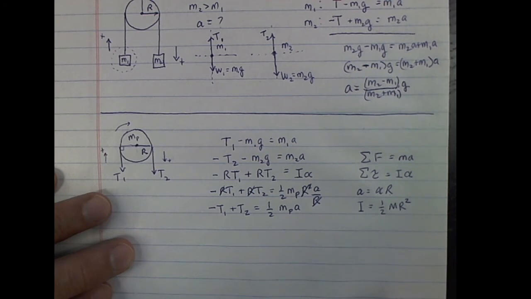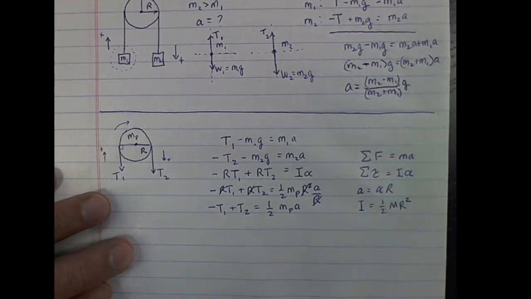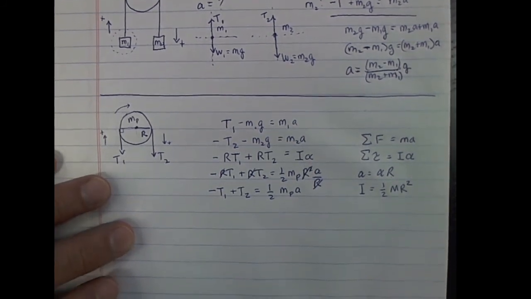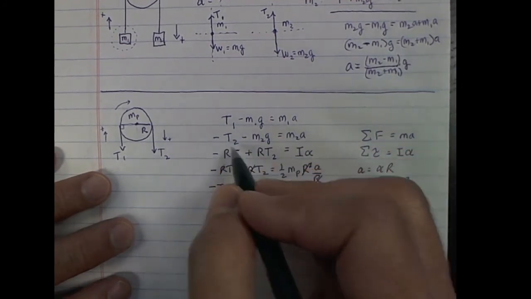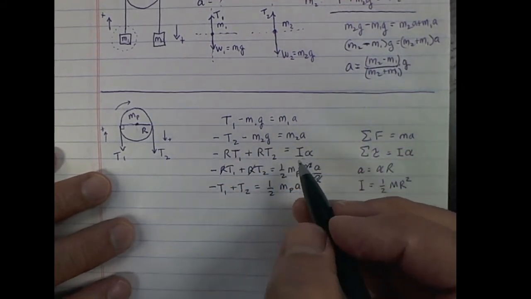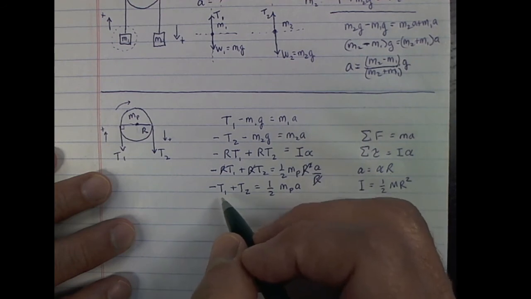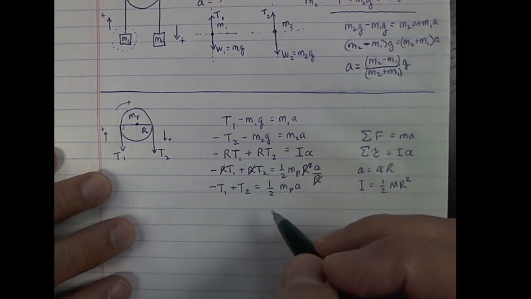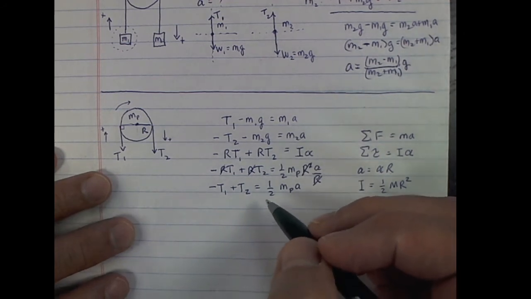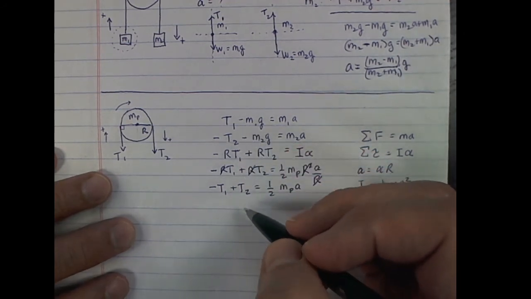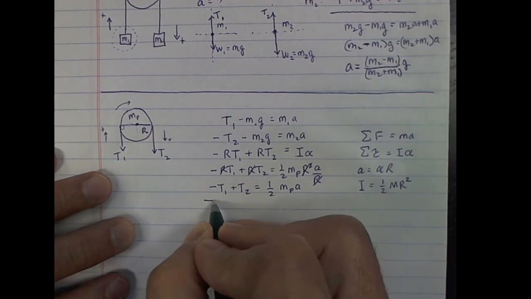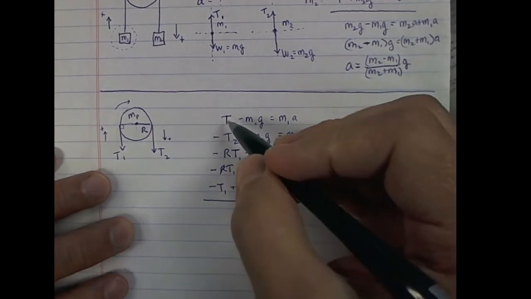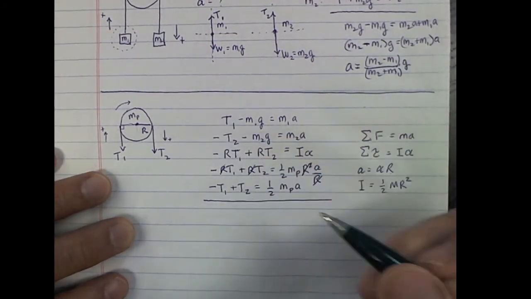I don't know how you go about doing the algebra from here. We want to get rid of T1 and T2. If we add all 3 equations this time, would that work? Think about it. Negative T1 and positive T1 would cancel.